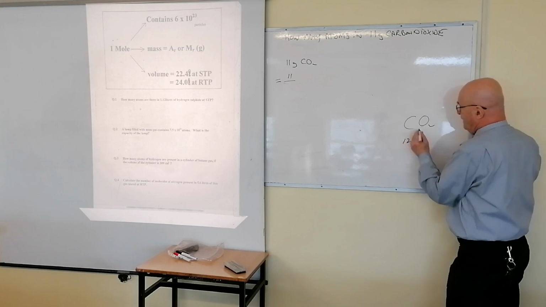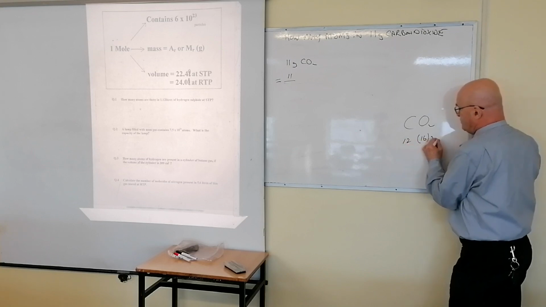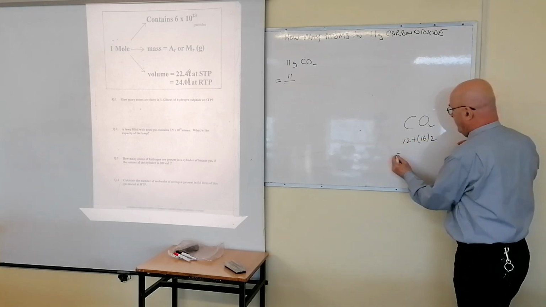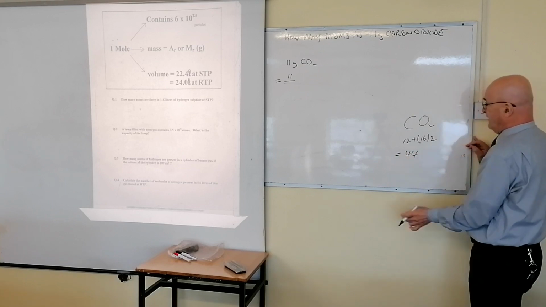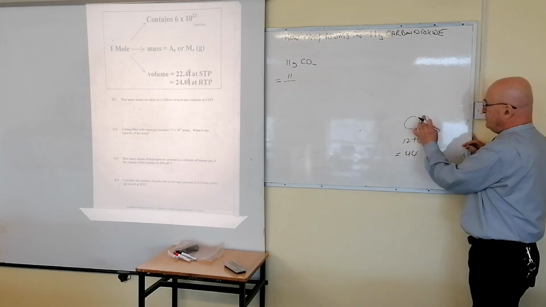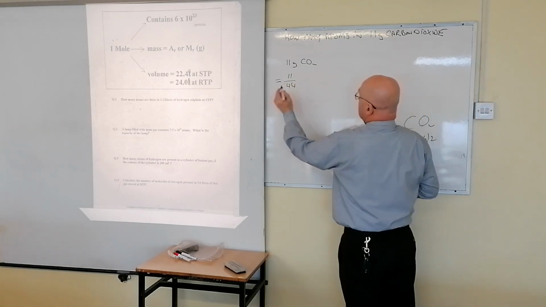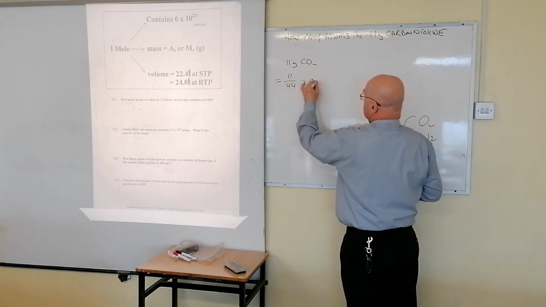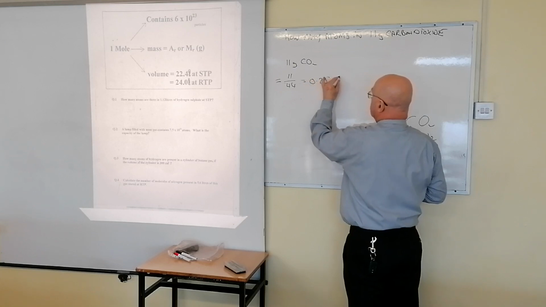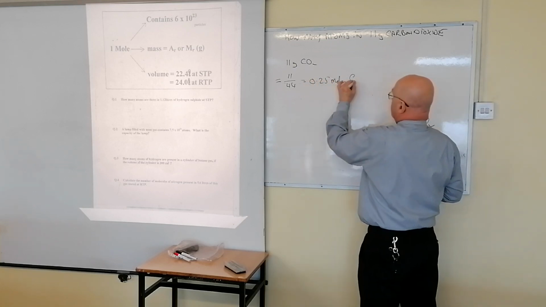Carbon is 12. Oxygen is 16 by 2, and you add it together, and that's 44. Are you okay with that? 12 and 32 is 44. 11 divided by 44 moles, that's equal to a quarter, 0.25 moles of carbon dioxide.